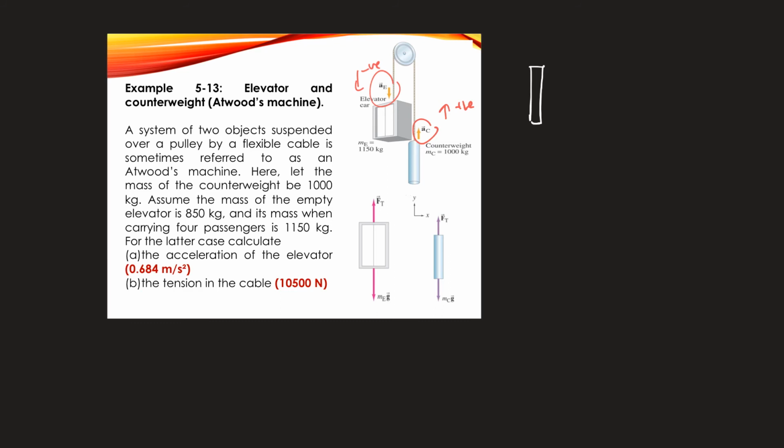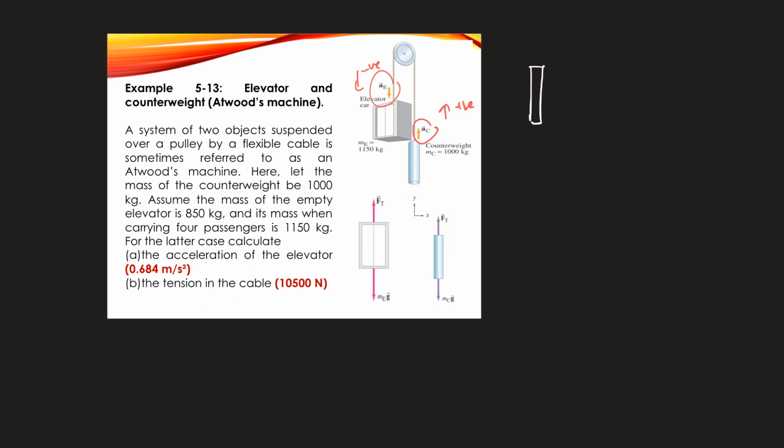But this one, the cord doesn't have mass. If the cord has a mass, it's going to be a quite complicated question. But in your exam question, definitely they will state whether the mass is negligible or not.